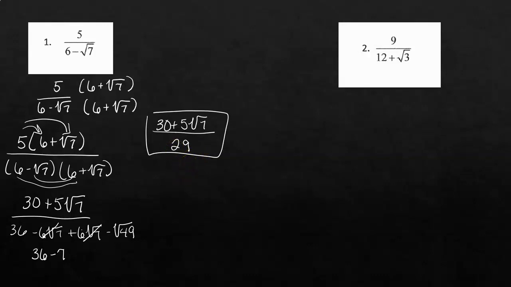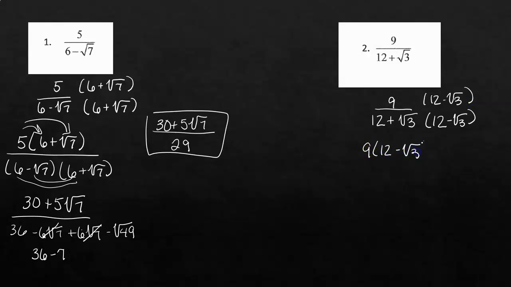All right, number 2. We have 9 divided by 12 plus the square root of 3. So again, let's multiply by the conjugate. We're going to use the opposite sign. So I have 9 times 12 minus the square root of 3.